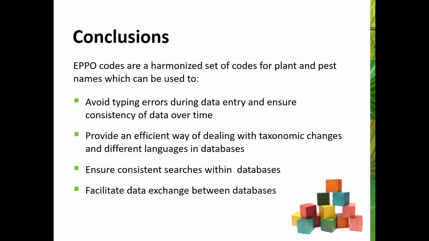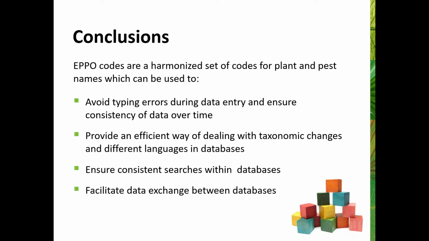In all our databases, the EPPO codes are at the core of all our systems. So just a few words of conclusions. We think the EPPO codes constitute a harmonized set of codes for plant and pest names.